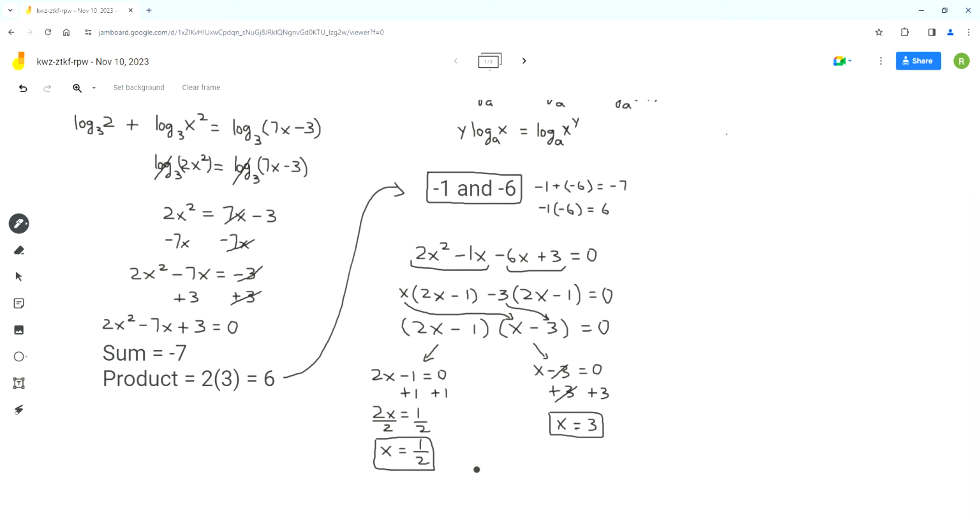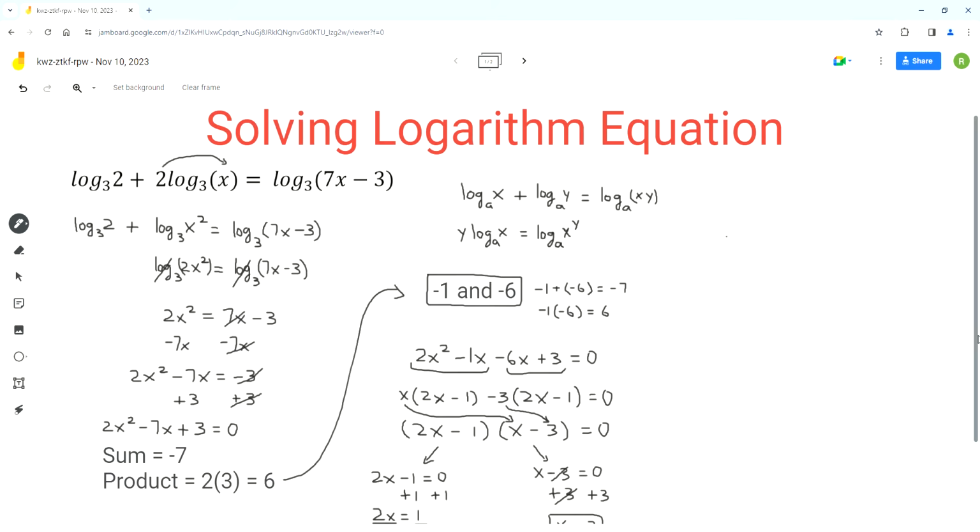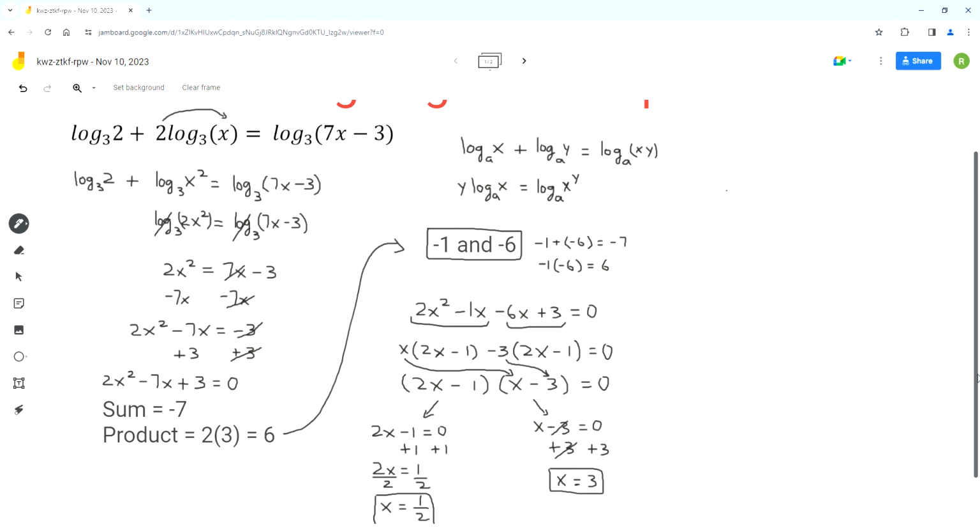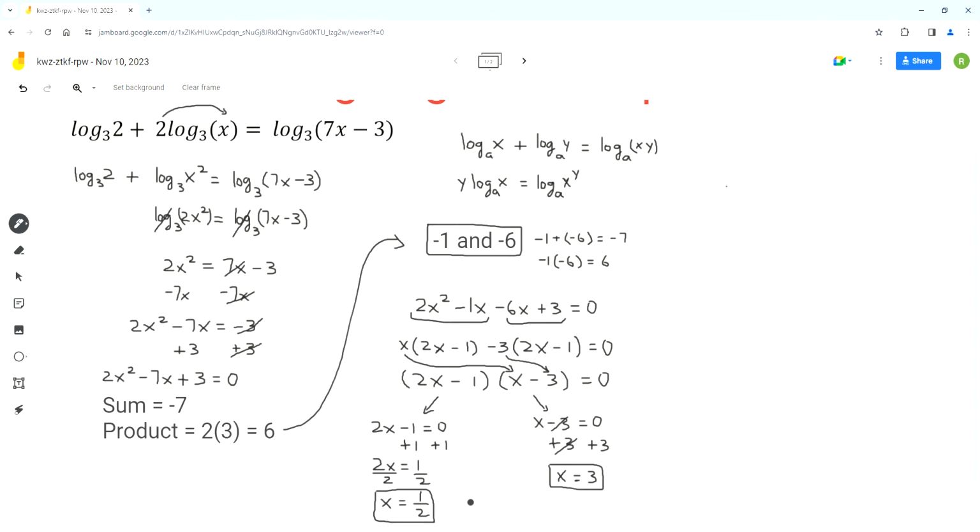Now we have to check if these are valid solutions. So for that, we will sub these x values in this equation to check if these solutions are valid. So let's start with the check. We sub in x as 1 over 2. So 7x minus 3 stays positive.